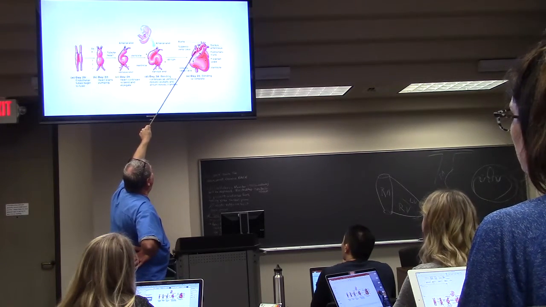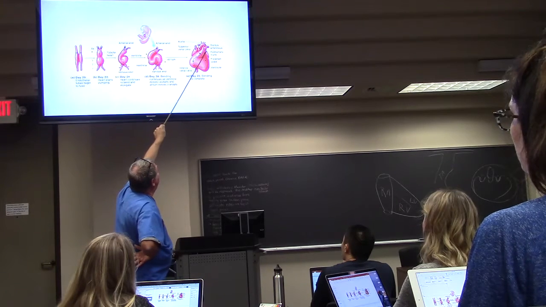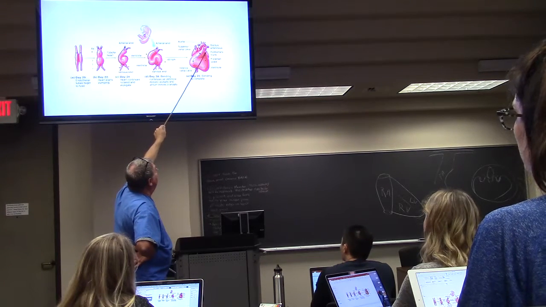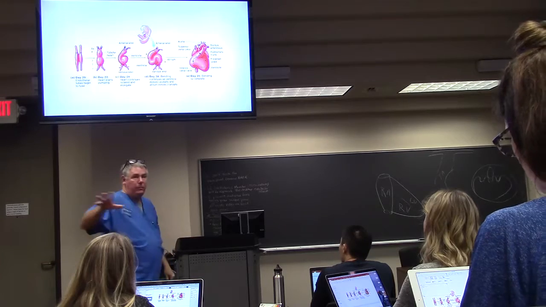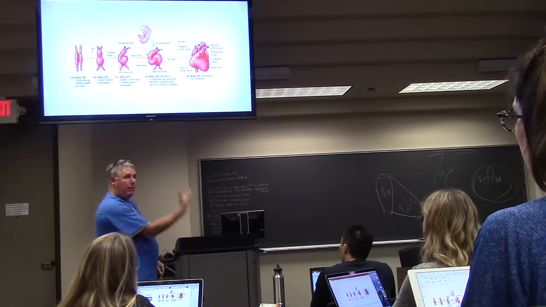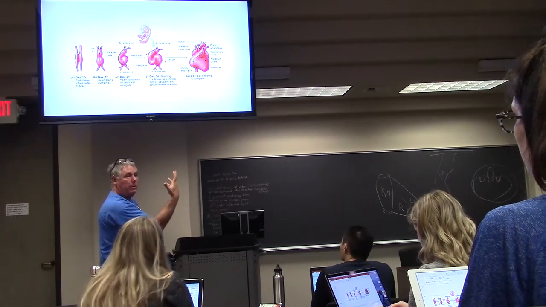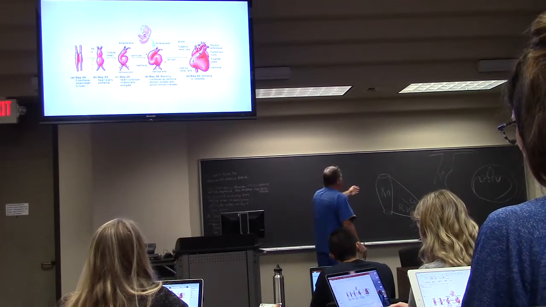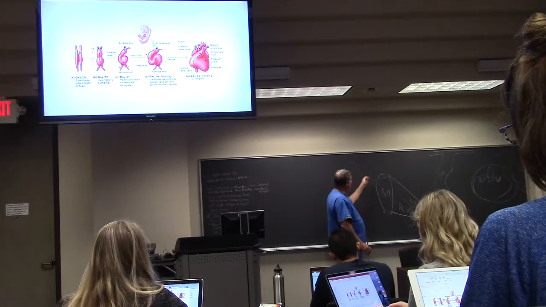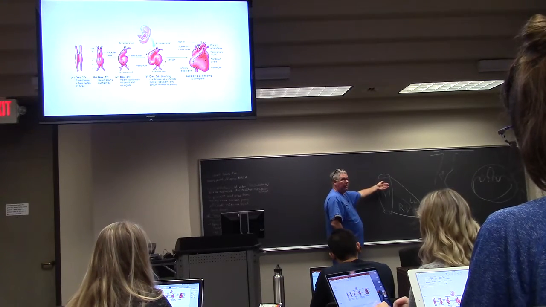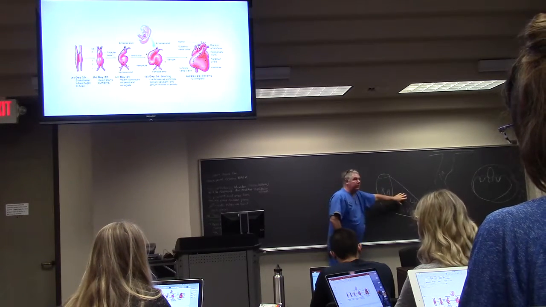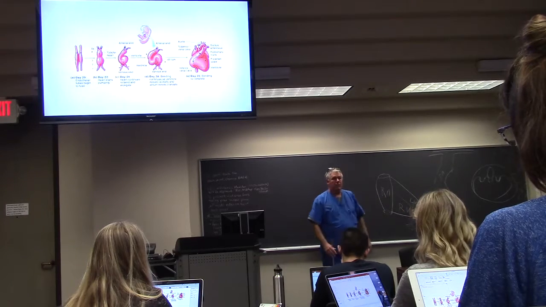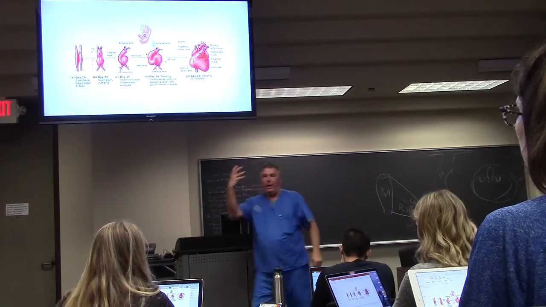So there's one atrium, and there's the other atrium over here behind it. You take the atria and you move them up behind the arterial system. So that's why you've got the right atrium here. Where's the left atrium? The left atrium is back there, behind the ventricles, because you took it and moved it behind there.